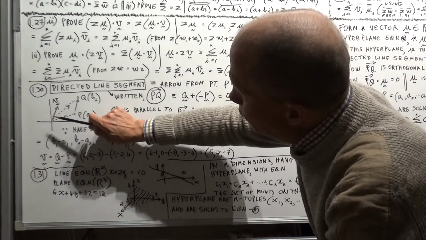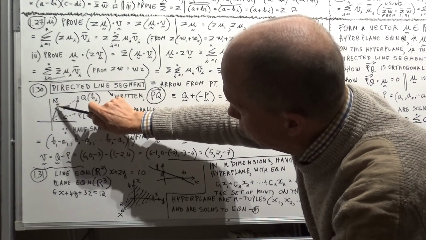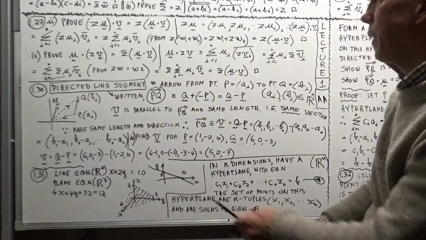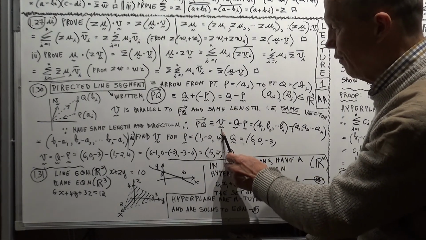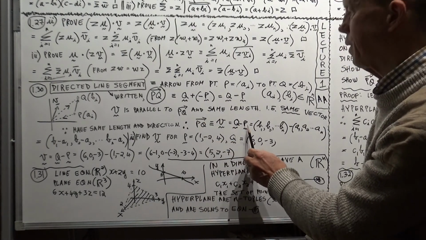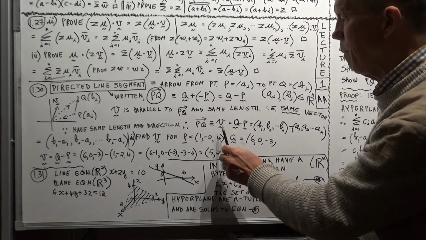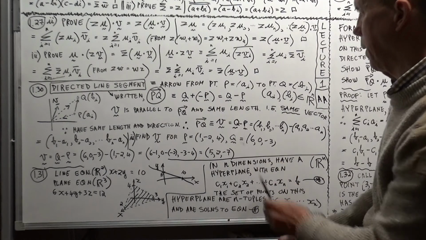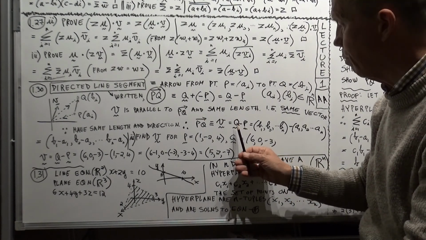So in other words, this vector V, with a little wiggle for a vector, is just the same as this one, PQ. So PQ by definition is V. Since PQ is Q minus P, that means V is Q minus P. Now Q is a vector, an n-tuple.